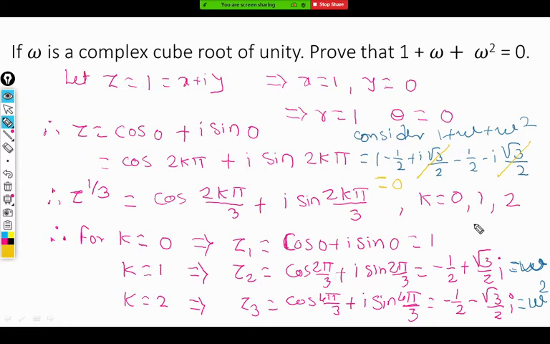Okay, so remember, here we have taken omega. We have considered omega square and omega. Here we only considered omega as one of the roots. Let me assume z2 is omega, and then automatically omega square becomes z3, because when you square z2, z2 square is z3.